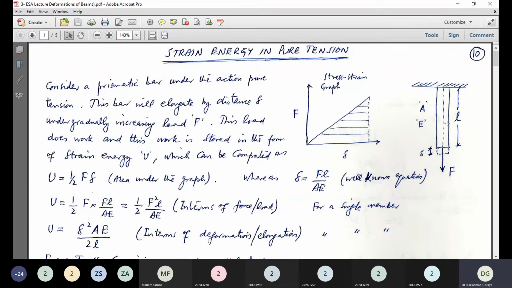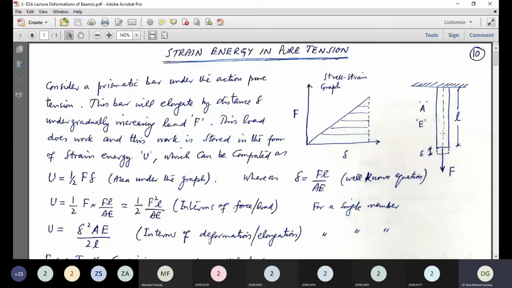Prismatic bar is one which has the same cross-sectional area throughout the length. That is called prismatic bar. So it is subjected to a force F. This force is applied along the longitudinal axis of this bar.